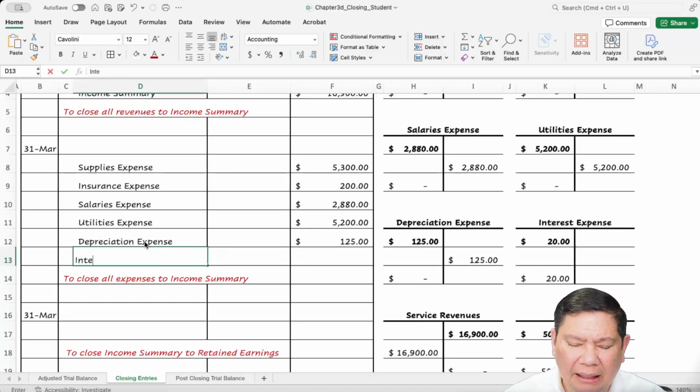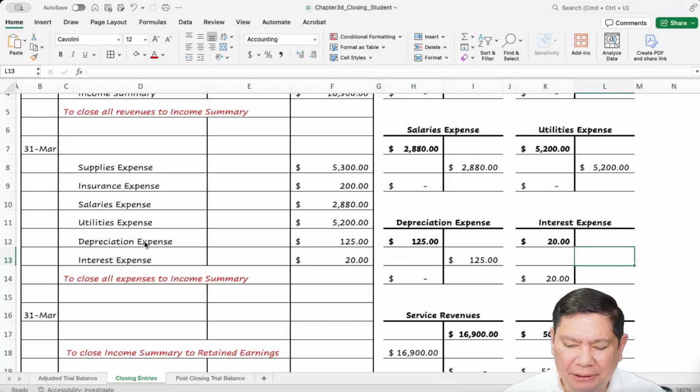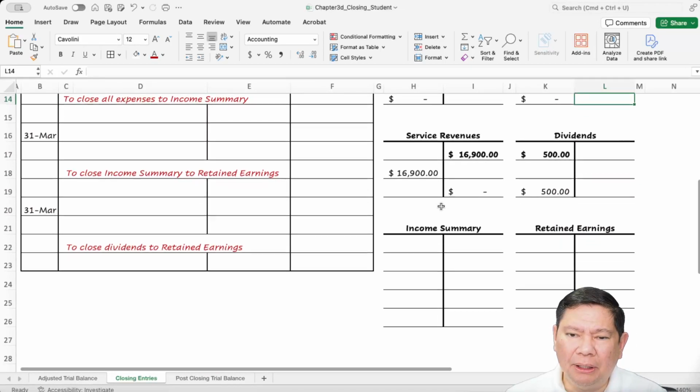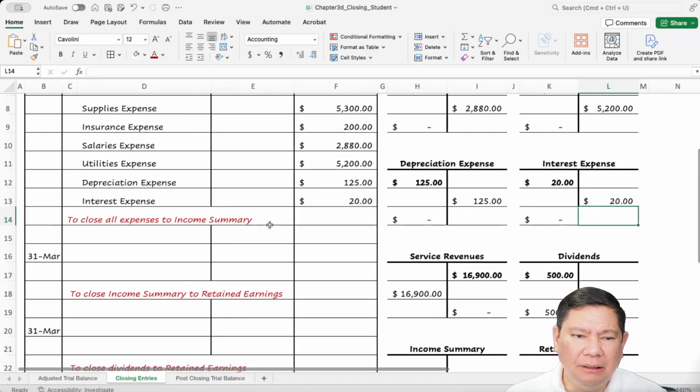And interest expense. So basically what we need to do is to put the ending balance but at the opposite side, so it will make all this zero. So we're done with all the expenses. They're all zero.